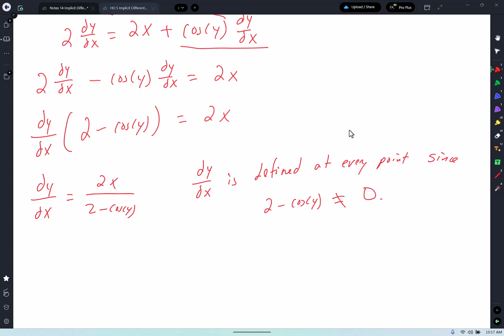It will never equal 0. That's the only way it can be undefined, is if you have a 0 in the denominator. So dy dx is defined at every point since 2 minus cosine y does not equal 0.